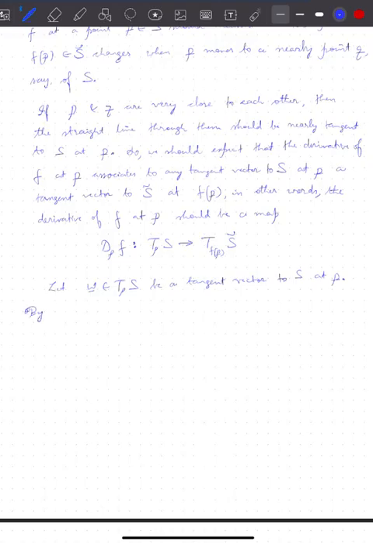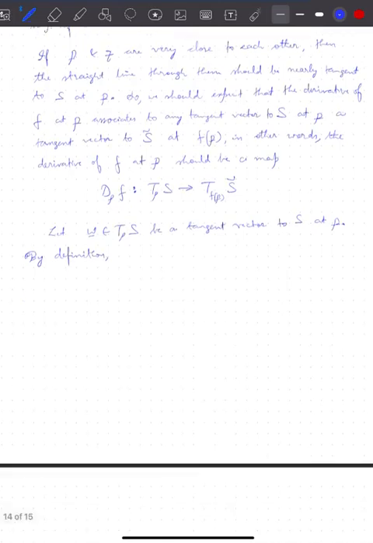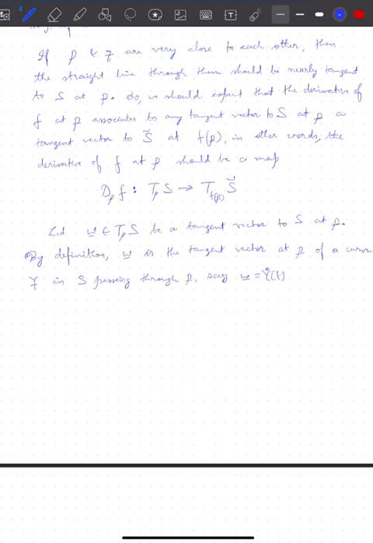Now by definition, W vector is a tangent vector at p of a curve gamma in S which passes through p, and we can say W vector is equal to gamma dot at t naught, right?